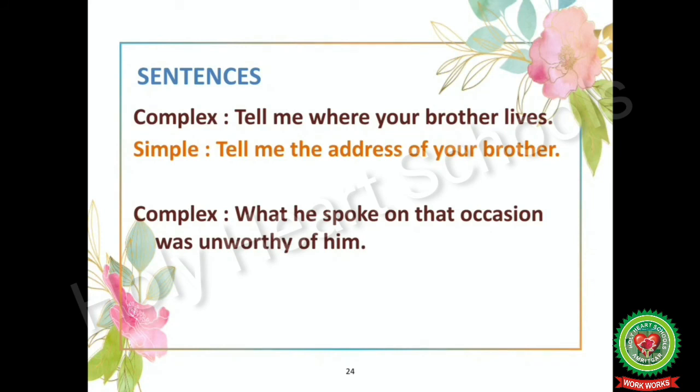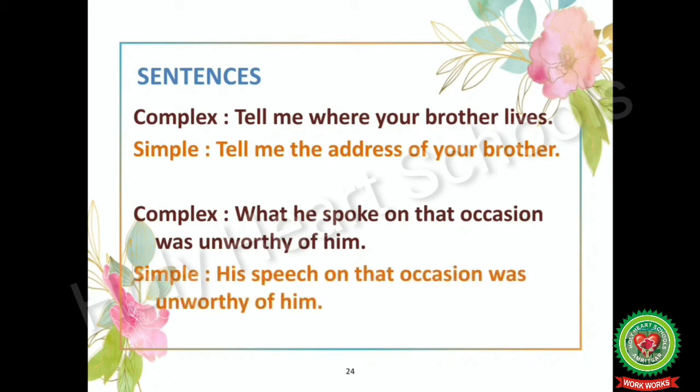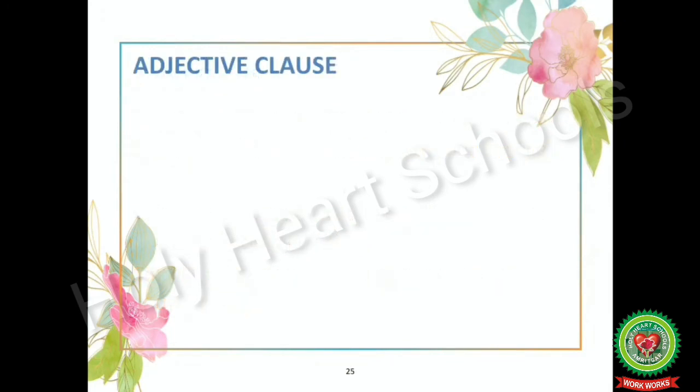What he spoke on that occasion was unworthy of him. We will remove the conjunction what and can change he spoke into his speech. So our answer will be, his speech on that occasion was unworthy of him. Now students, next is adjective clause.